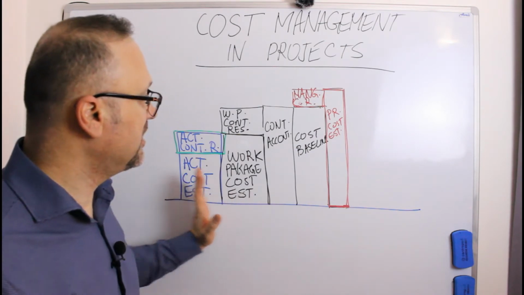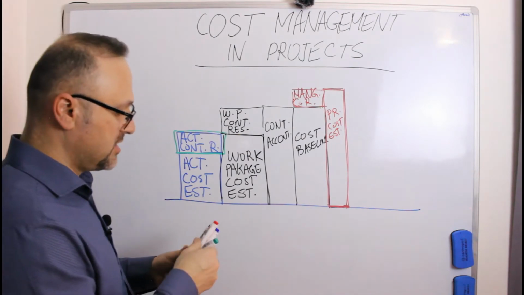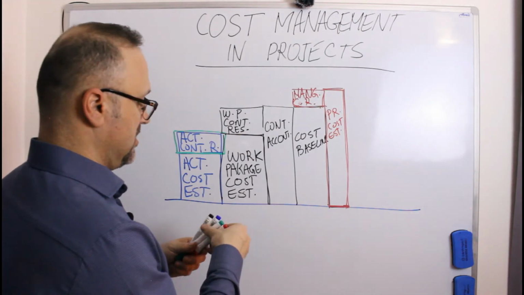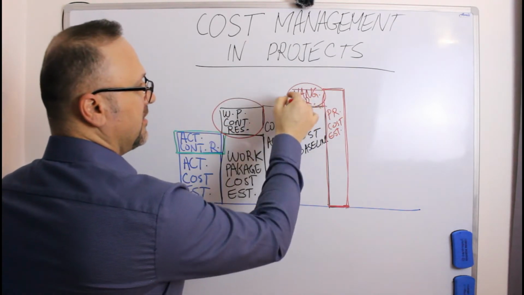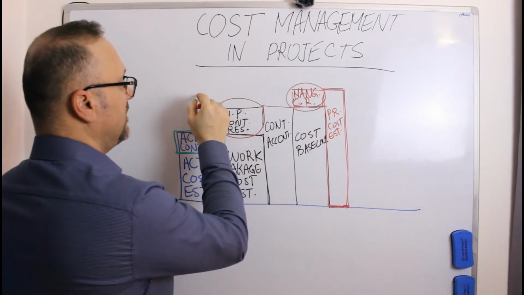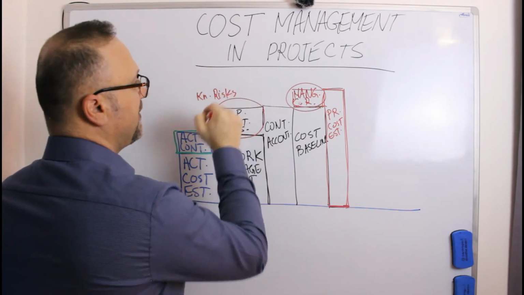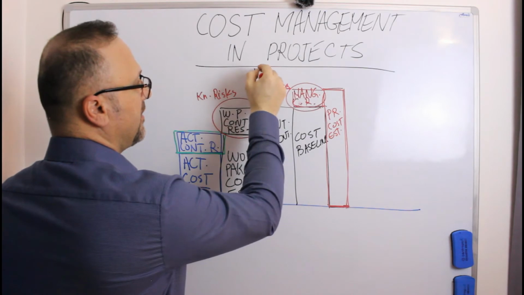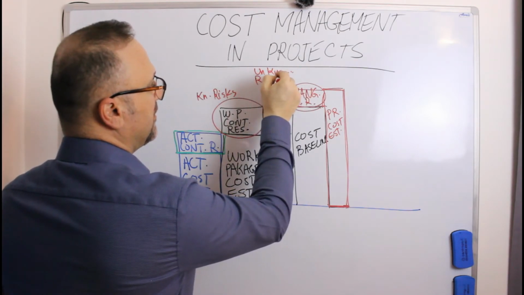The figures are clear. As a project manager, you are checking this amount and this amount. This is for the known risks. This is for the unknown risks.